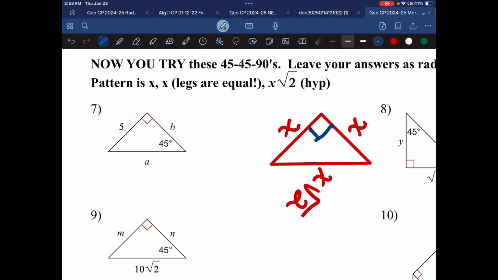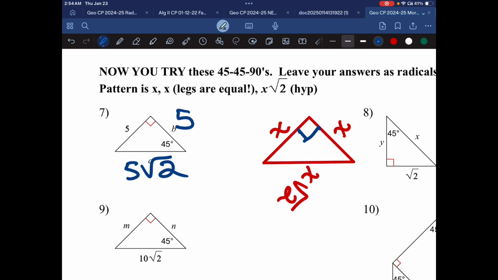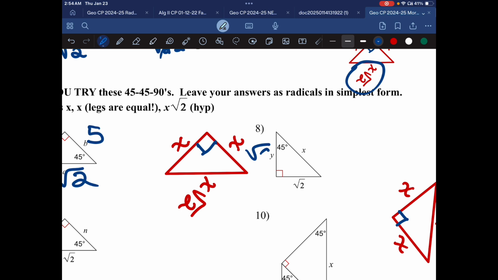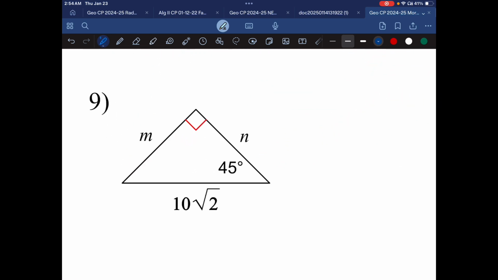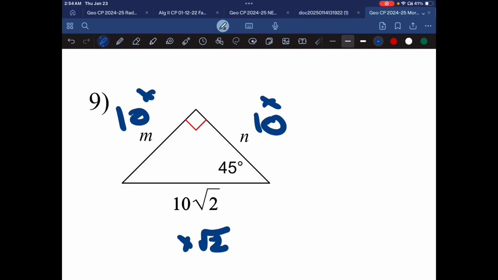the 45, 45, 90s. So that's 5, 5, 5 square root of 2. Square root of 2, square root of 2, square root of 2 times the square root of 2, which is the square root of 4, which is 2. And number 9. So it goes x, x, x square root of 2, which means these had to be 10s, because 10 times the square root of 2 is 10 radical 2.